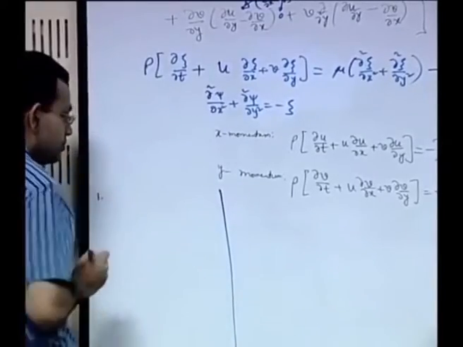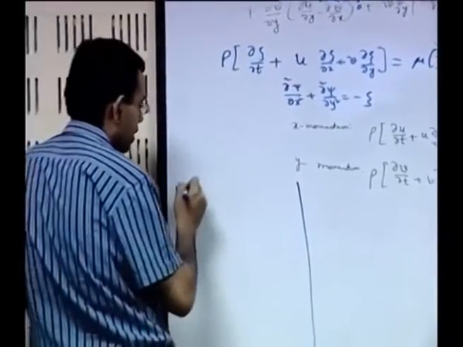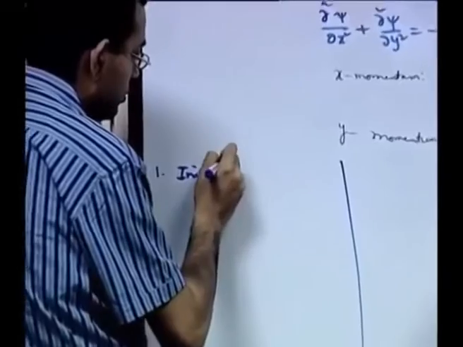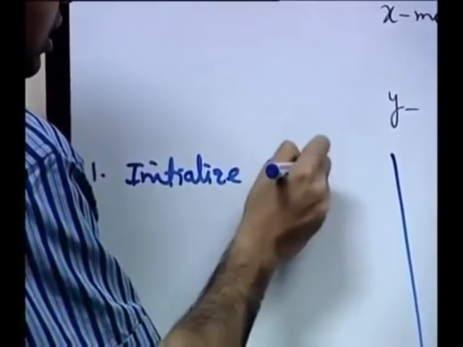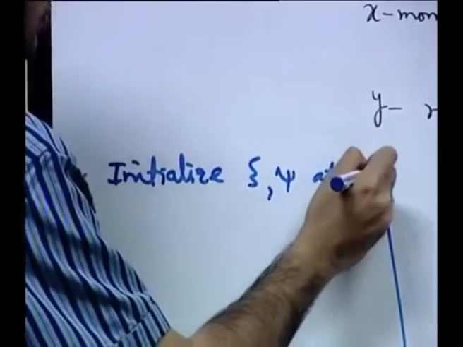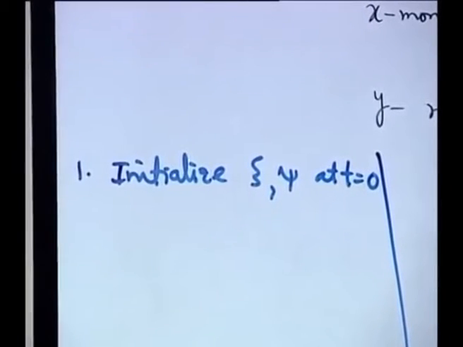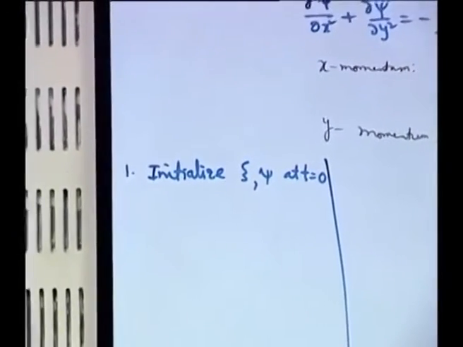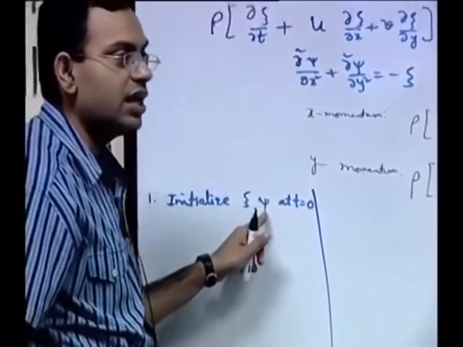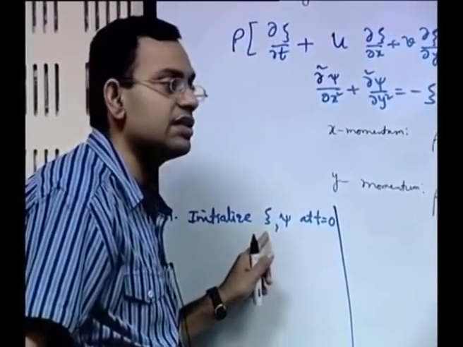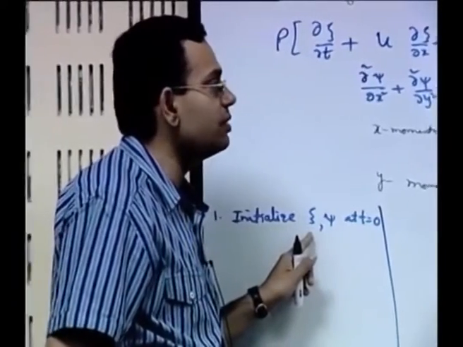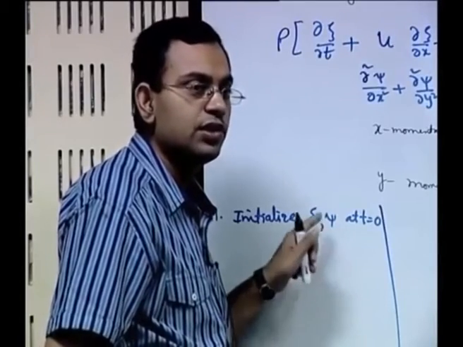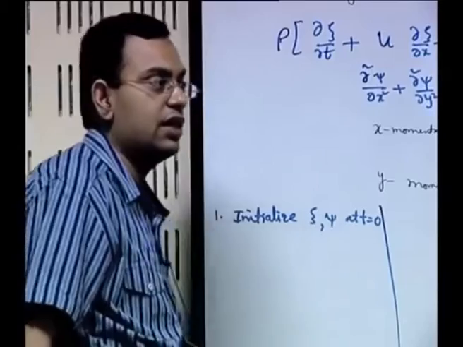Step 1, you have initialize zeta, psi at t equal to 0. Then, once you know initial psi and initial zeta, that is, this is some initial guess, then from there you can calculate what is initial u and what is initial v, because u is del psi del y and v is minus del psi del x.